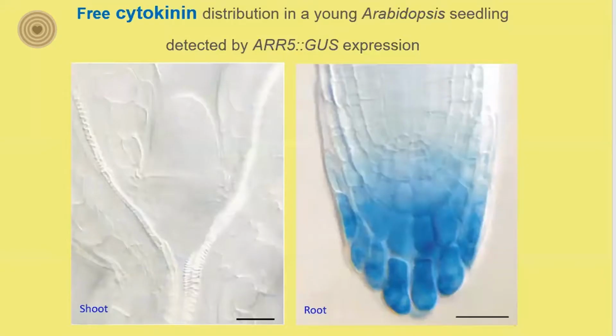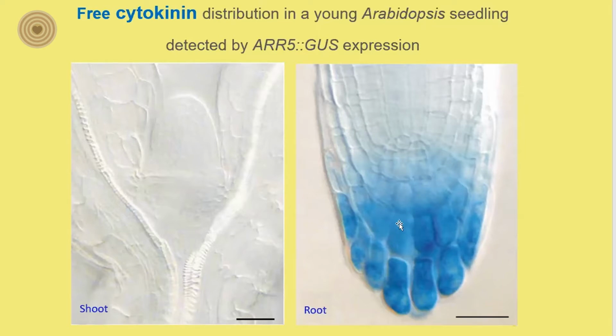When we go to the lower parts of the plant, here we have the tips of a root, and this is the root cap. In the root cap, there is a production of another very important signal. This signal is cytokinin.